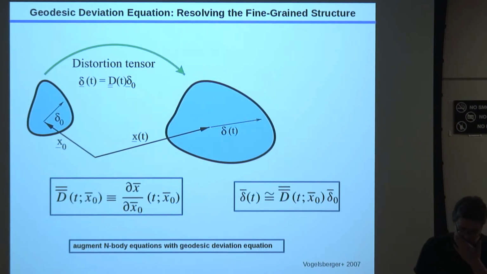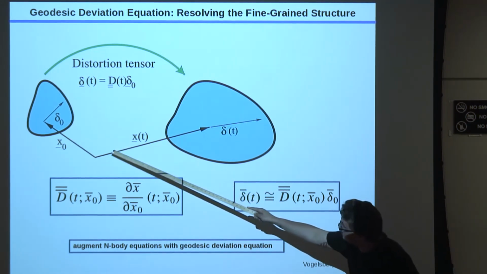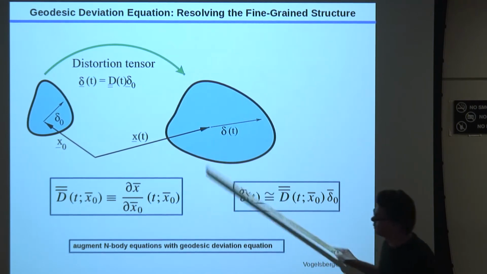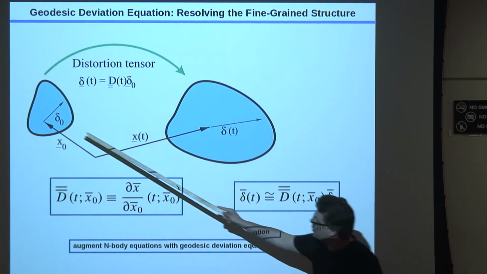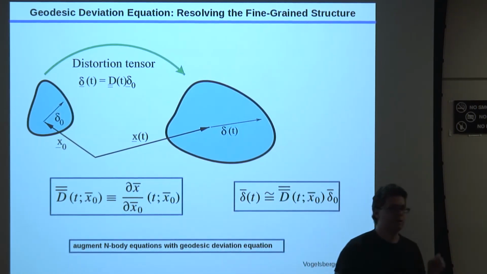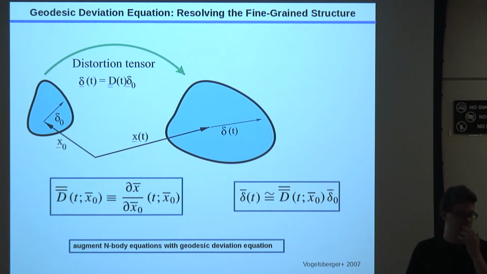So this is why, a long time ago, really a long time ago, my supervisor and I came up with a new scheme to do this. The idea is that in addition to your simulation particle, you track another equation, not only the force equation, but the so-called geodesic deviation equation, which tells you how an infinitesimal phase space volume would be deformed as the particle moves through the simulation volume.